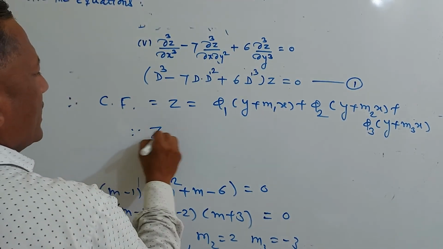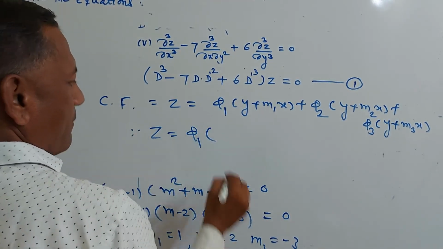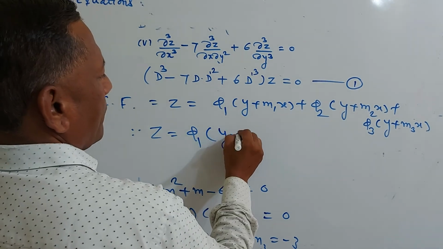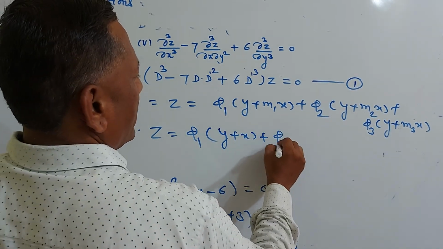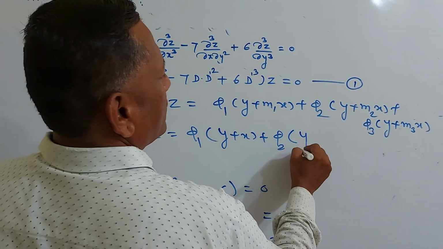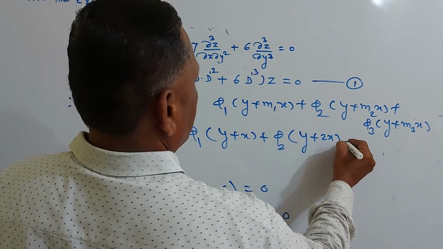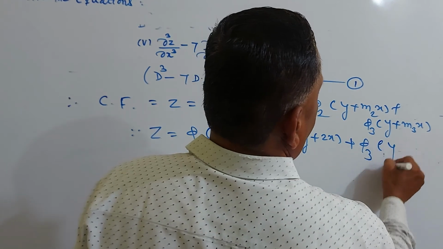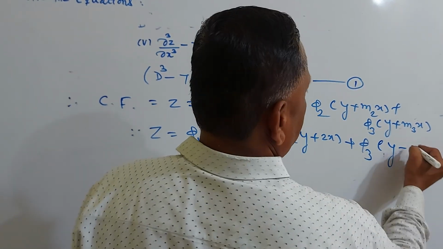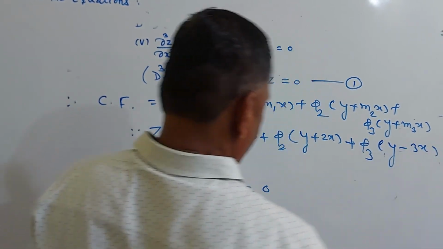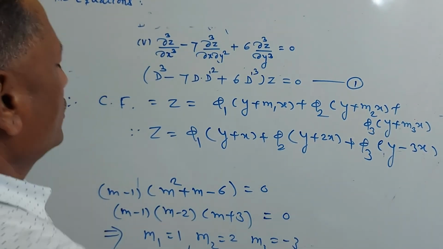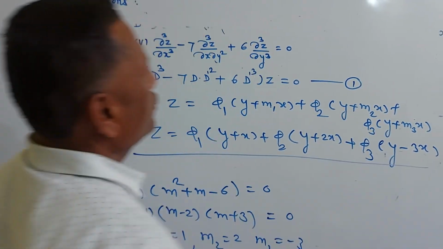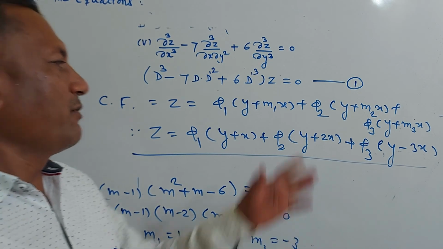Therefore, z is equal to phi1 of (y plus x) plus phi2 of (y plus 2x), then plus phi3 of (y minus 3x), m3 is minus 3. So, this is the required general solution of the given partial differential equation.